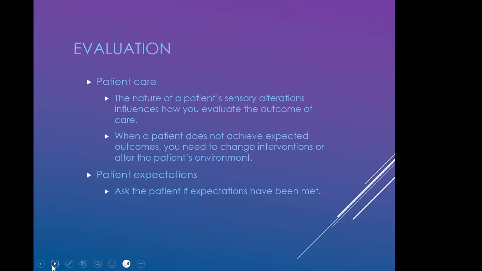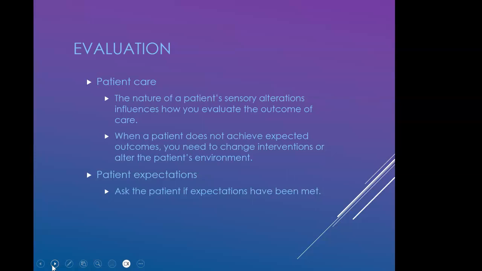The nature of a patient's sensory alterations influences how you evaluate the outcome of care, which means how severe they are and what you did. When a patient does not achieve expected outcomes, what did I just say? You need to change your interventions or alter the patient's environment.